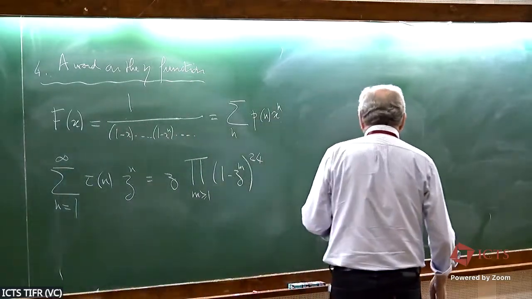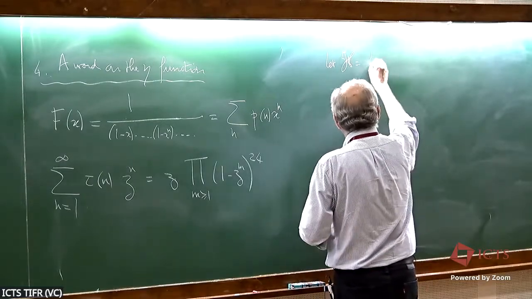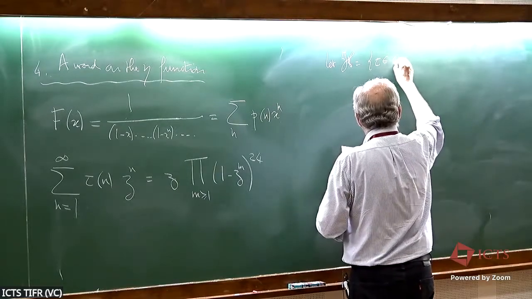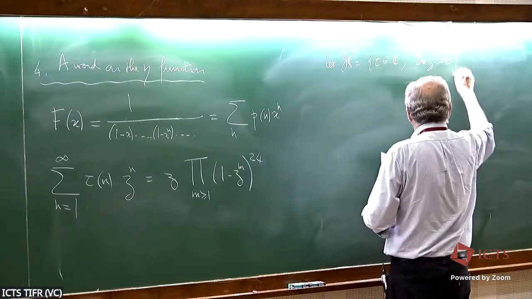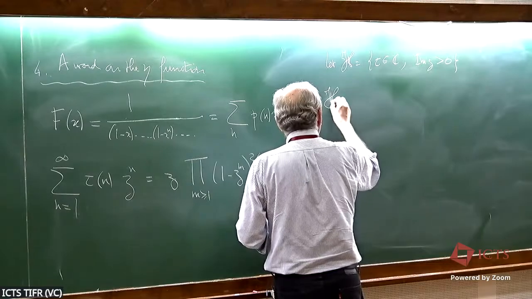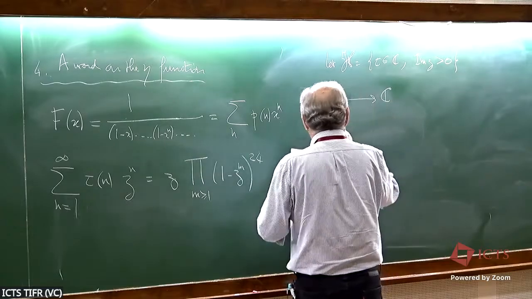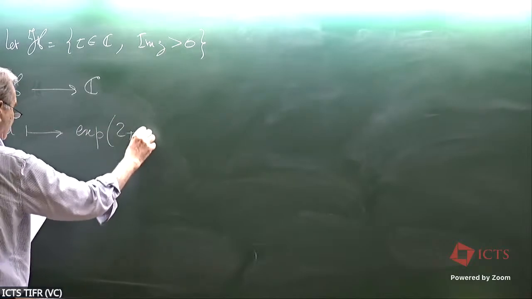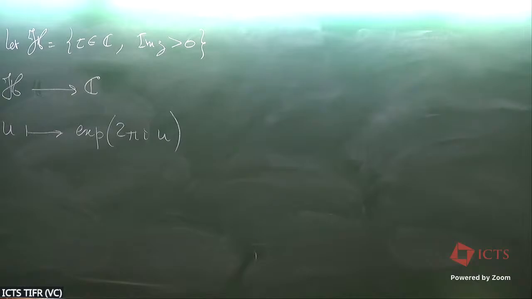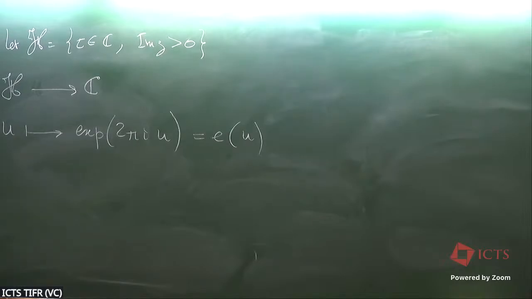Okay? So indeed, what you look at is the following. You take H, which is the set of tau in C, for which you will see why the imaginary part has to be positive. And then you have a way to send this into C by the following. If you have a u, you associate to u the exponential of 2 pi i u.